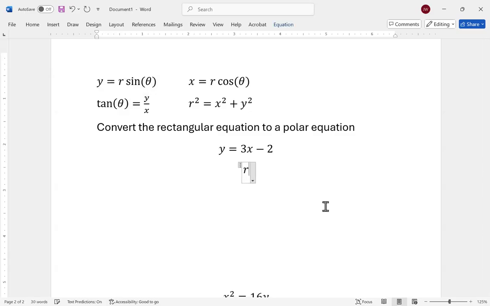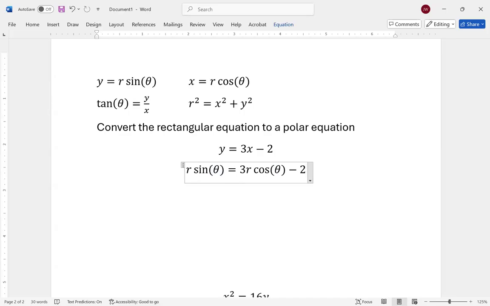When you do that, you get r times sine of theta is equal to 3 times r times cosine of theta, and then minus 2.